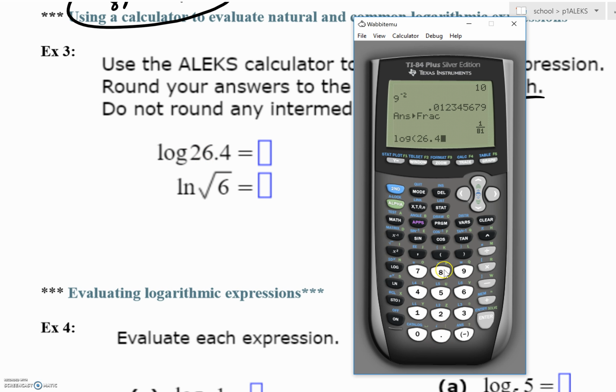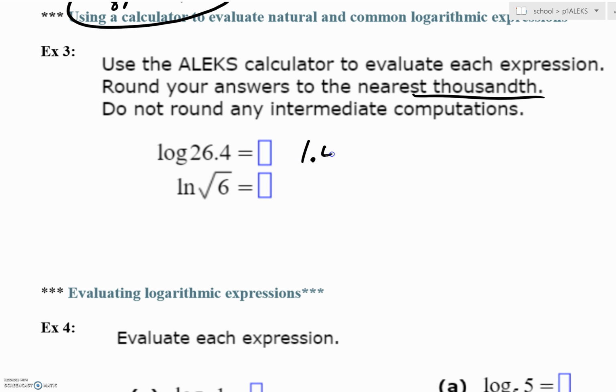This is known as the common log. Going to 3 decimals, you'd get 1.421, but just to the right of the third decimal is a number bigger than 5. So this becomes 1.422. Just button pushing, guys.